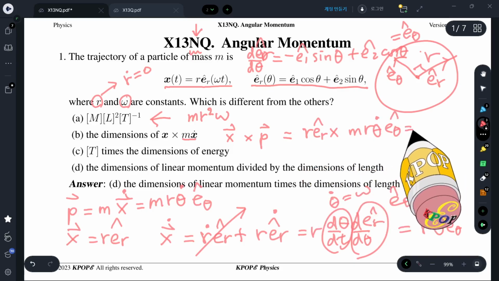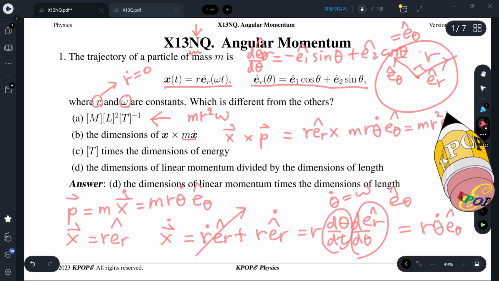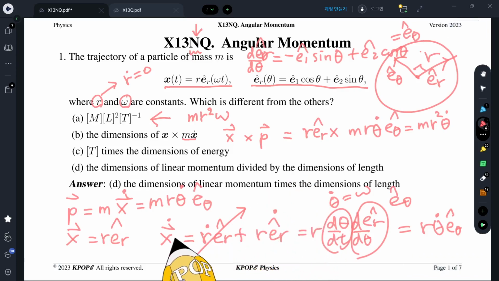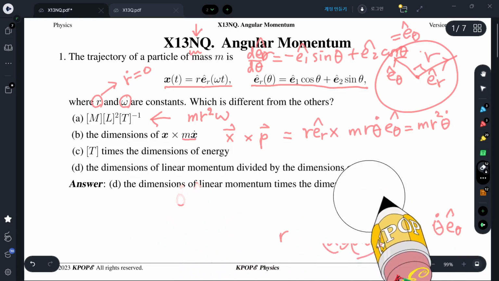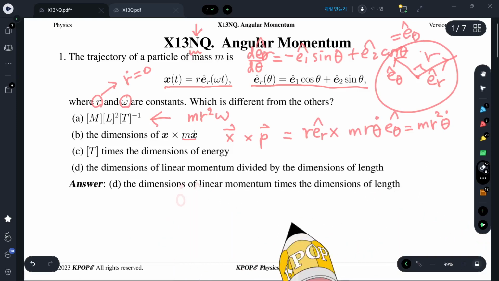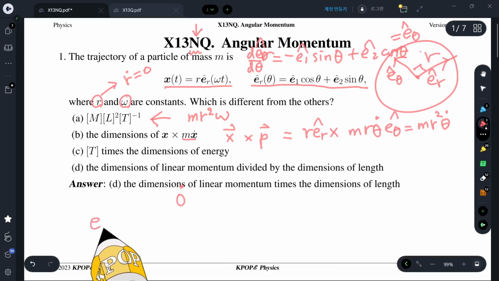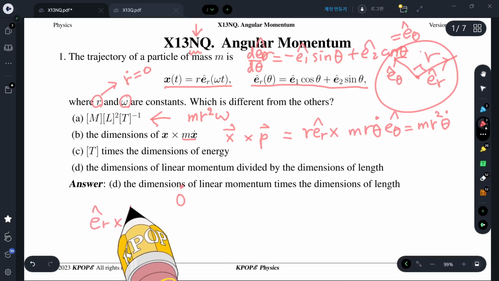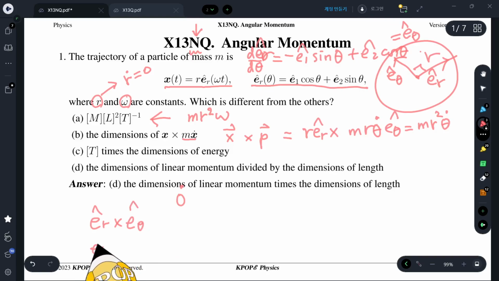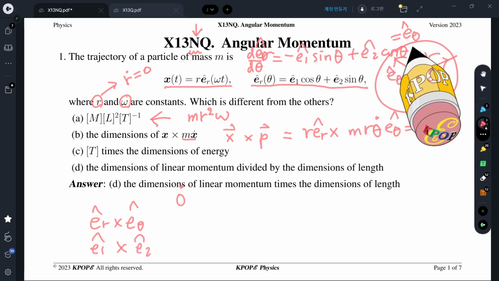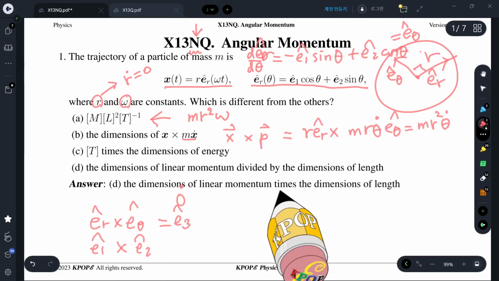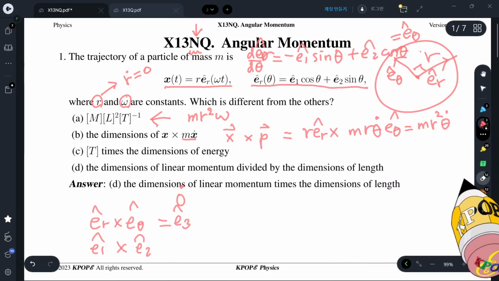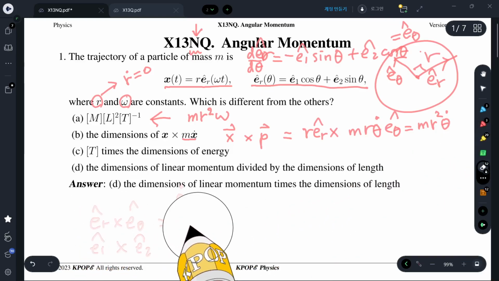If I combine everything, m r squared theta dot e_r times e_theta. It is something like e_1 cross e_2. They are perpendicular to each other on the plane, so this is an e_3 hat. If you're not familiar with this, you can just multiply.